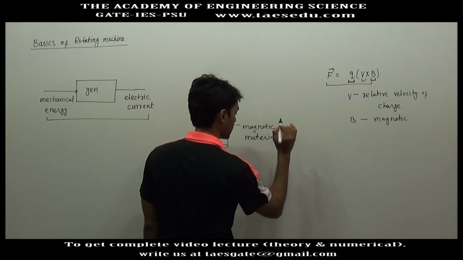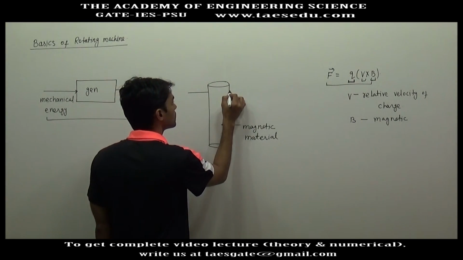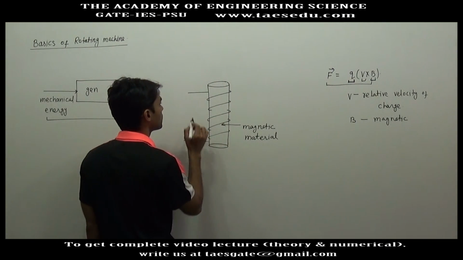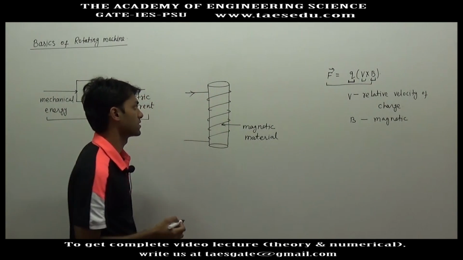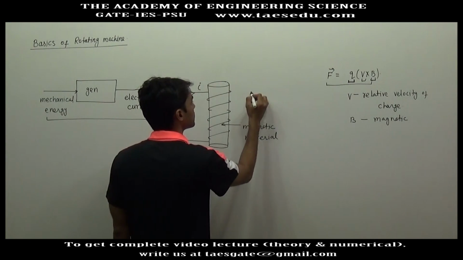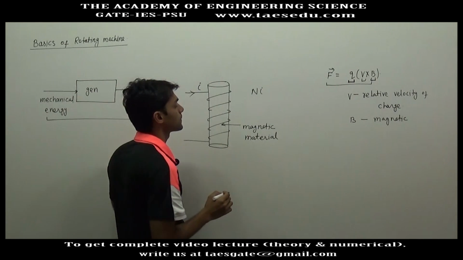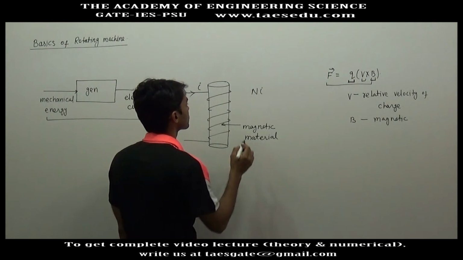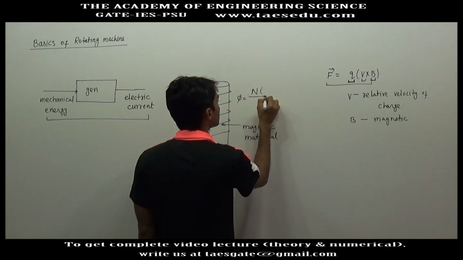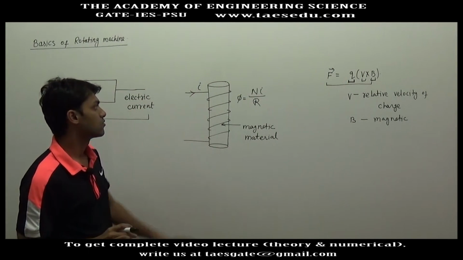Magnetic material has high permeability, and if you wind a conductor on it and give a current to this conductor, there will be an MMF. Suppose here we have current I, there will be an MMF Ni, and flux will be MMF divided by the reluctance of this winding and core system.